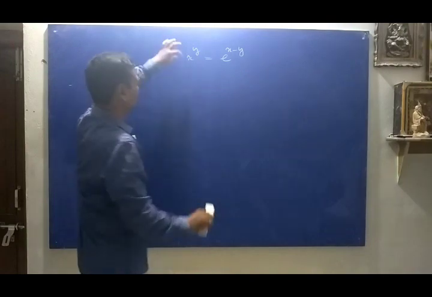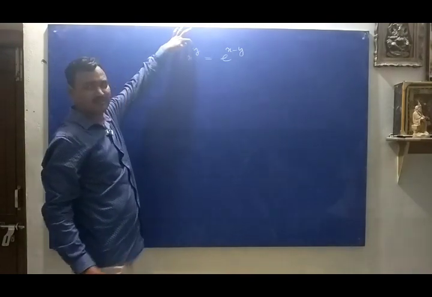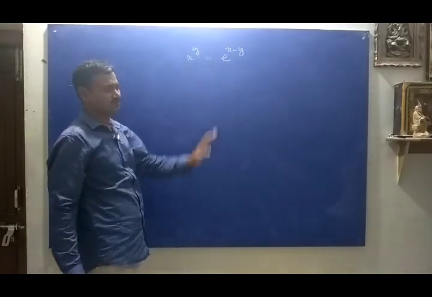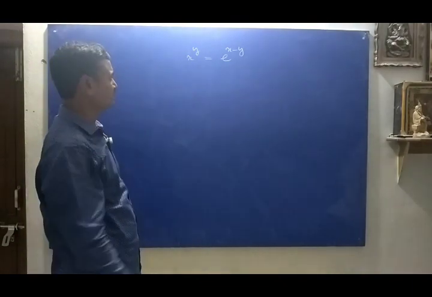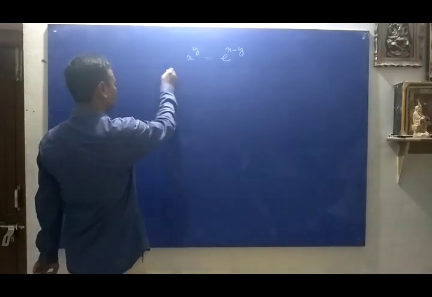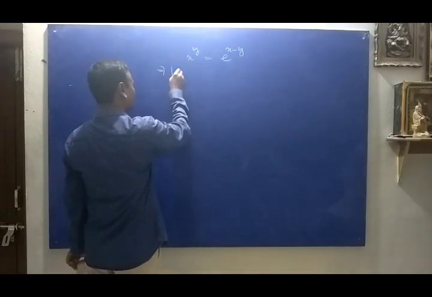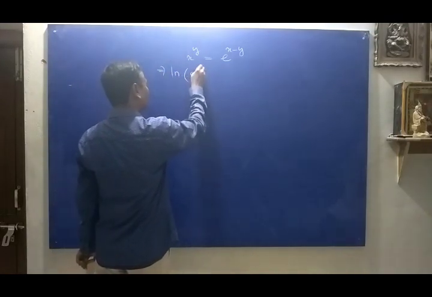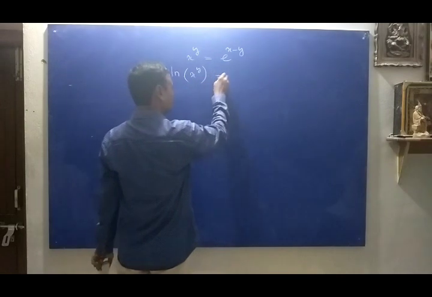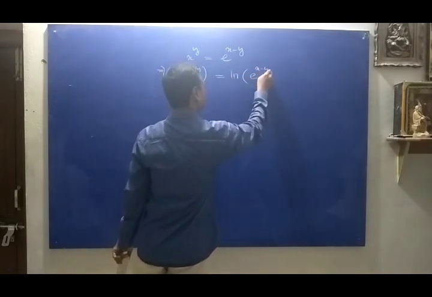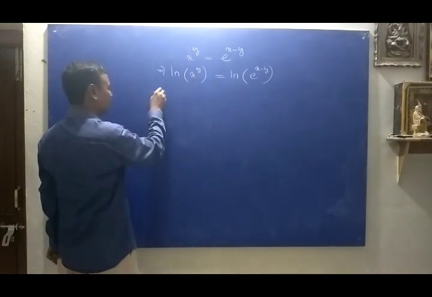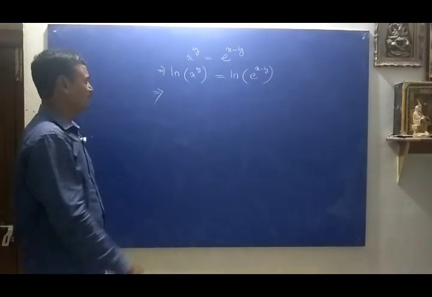So now here we have a function to the power of another function. For that case, which rule is applicable? So we have to use the logarithmic function. So take ln of x to the power y is equal to ln of e to the power x minus y. So what is the formula?